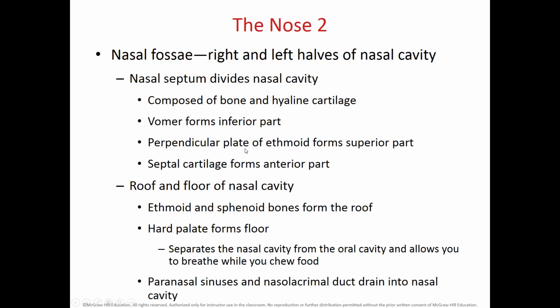Internally, our nose is subdivided into the right and left nasal fossae. The structure that divides the nose into these fossae will be the nasal septum, which has a bony part that is made by the vomer inferiorly and superiorly by the ethmoid, and then we will have the nasal cartilage that helps also to divide the nose into right and left nasal fossae.